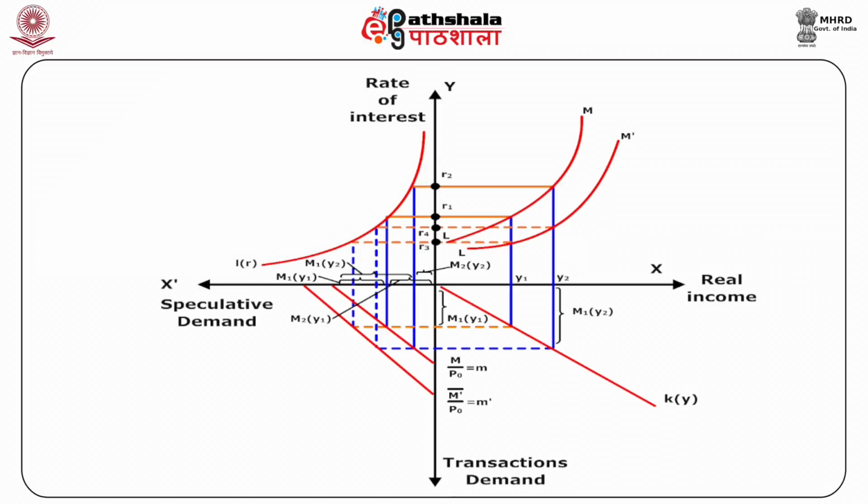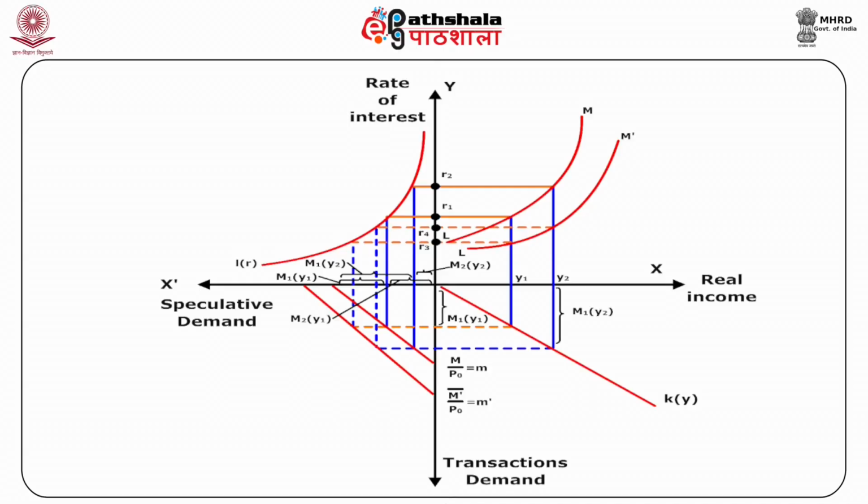So, what do we have? We have one combination, that is R1, which goes along with Y1, and another combination which is R2, which goes along with Y2. So, therefore, we can derive an LM function by joining the 2 points R1 Y1 and R2 Y2.